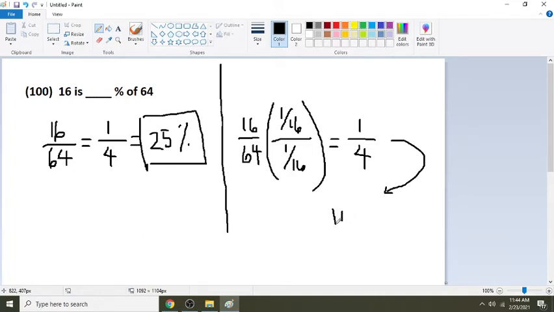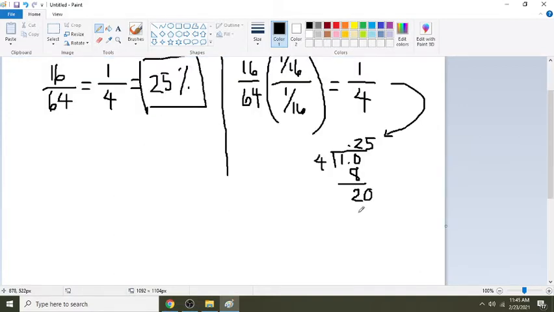You have a 0 there, and then 10 divided by 4 is 2, 2 times 4 is 8, 10 minus 8 is 2. Bring down 0. 20 divided by 4 is 5, and 5 times 4 is 20. And that's it. You have 0.25.